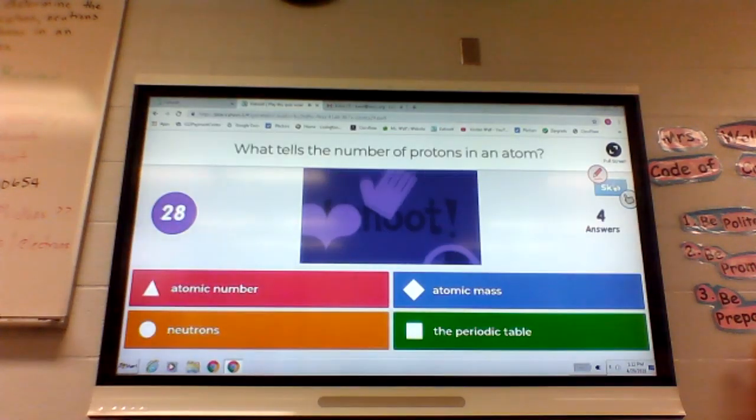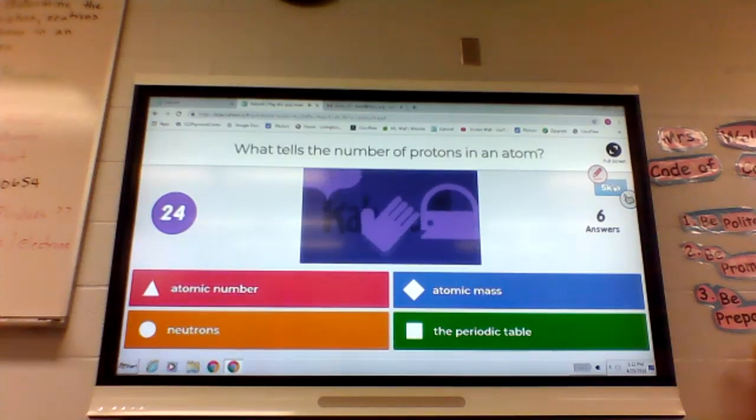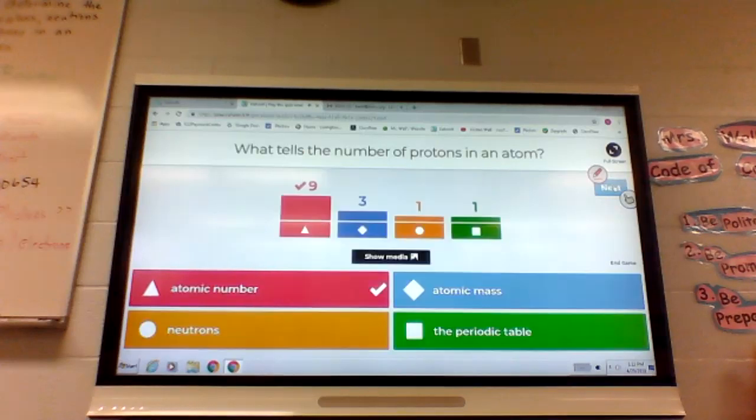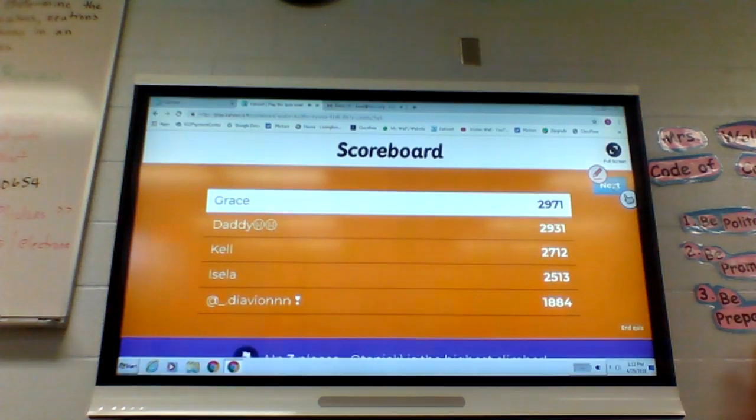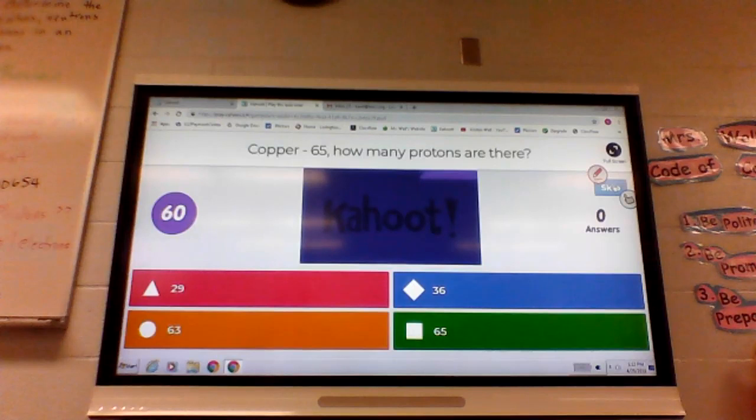What tells the number of protons in an atom? Good. How many protons are there in copper-65? It's about middle of the chart.